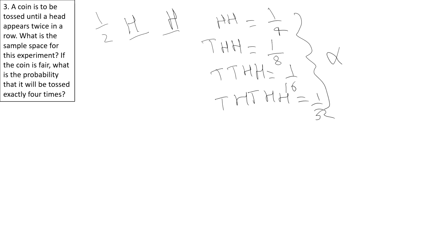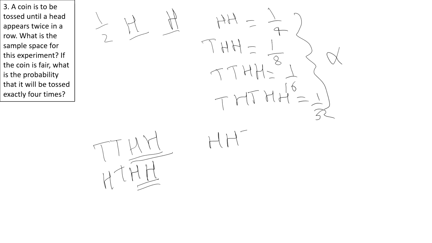Now the question is, what is the probability that it will be tossed exactly 4 times? So to toss exactly 4 times, what are the chances for this to happen? For 4 tosses, the last two must be head. Now the first two can be tail, or the first can be head and the second tail, and the third and fourth will be head. Other than that, is anything possible?